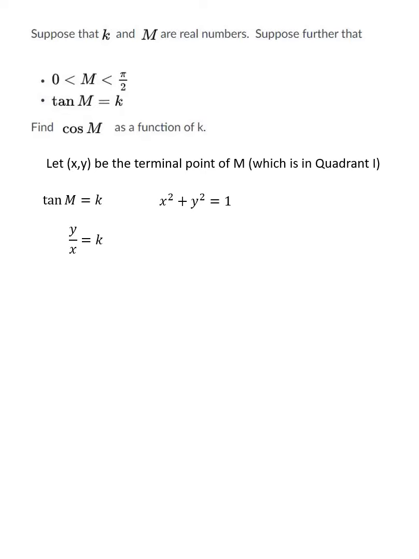In fact, let's reflect on that for a moment. The problem is telling me to find the cosine of m as a function of k. The definition of the cosine of m is the x-coordinate of the terminal point. And so it's x I'm trying to find. So I thought what I would do with these 2 equations is solve the one on the left for y. Reason?